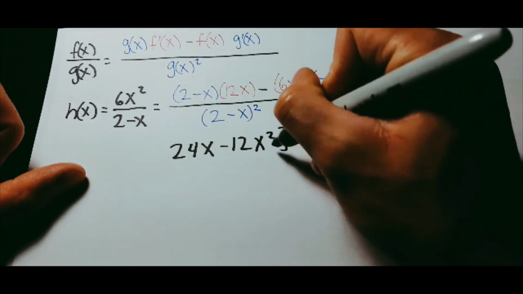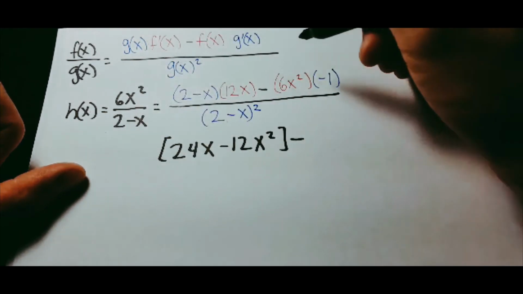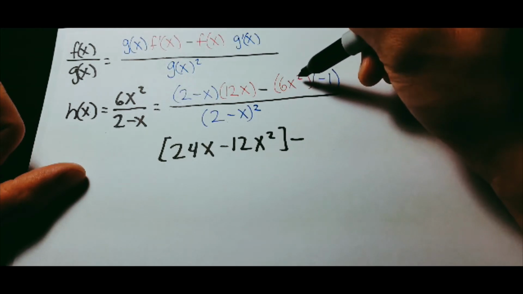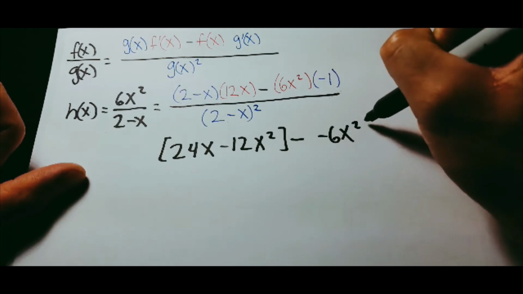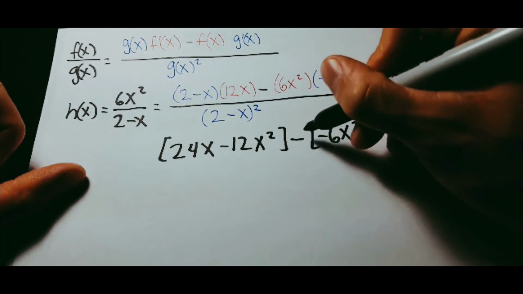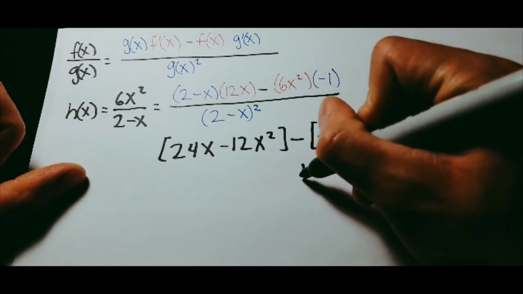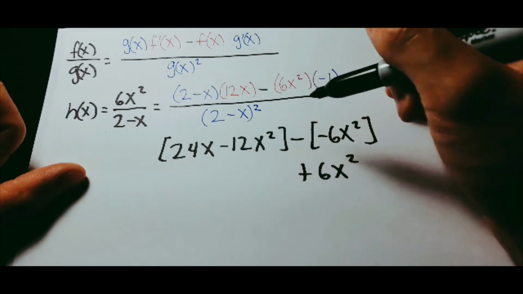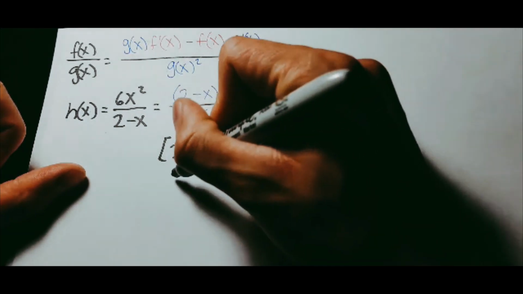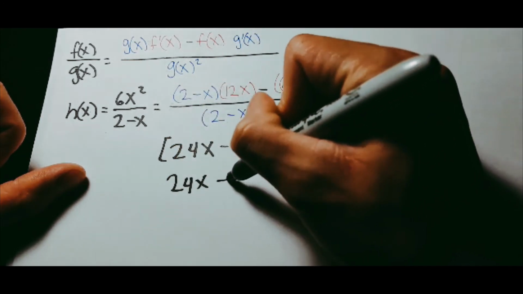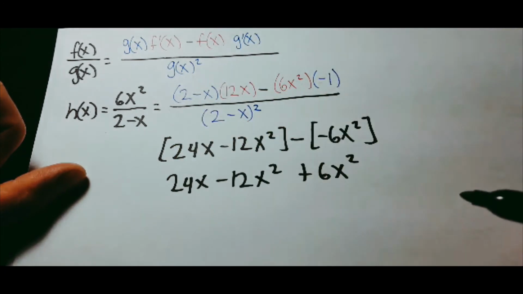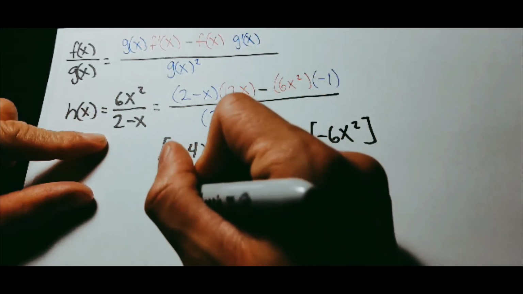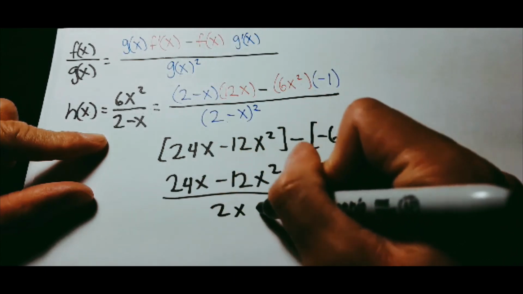Minus 6x squared times -1 is going to be negative 6x squared. And of course, negative times a negative is going to be a positive. Positive 6x squared. Okay, so here we had 24x minus 12x squared. Then of course you don't want to forget the bottom squared, which is 2 minus x squared.